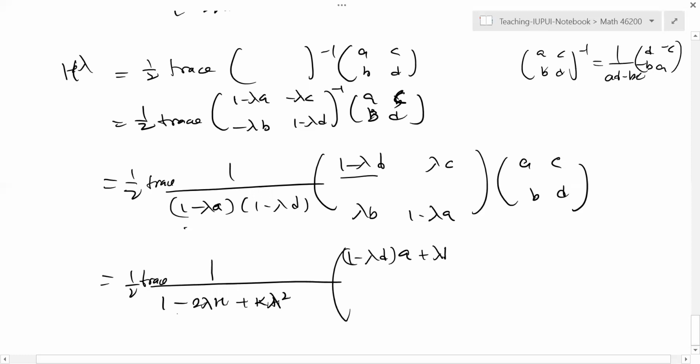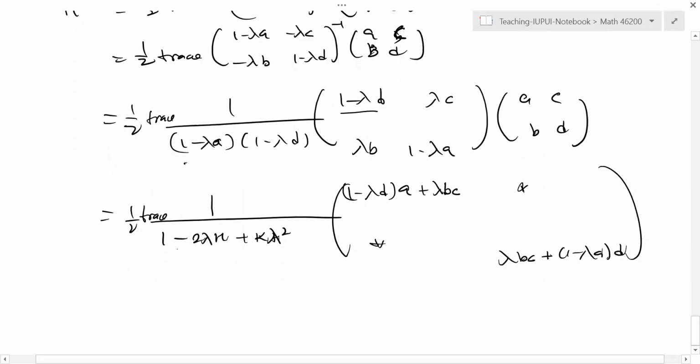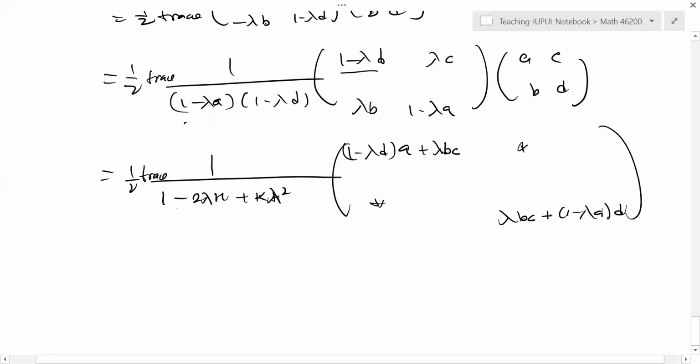Okay. So here's the BC. I don't need to know the terms off the diagonal. So lambda BC plus 1 minus lambda A and D. Okay, so add them together.